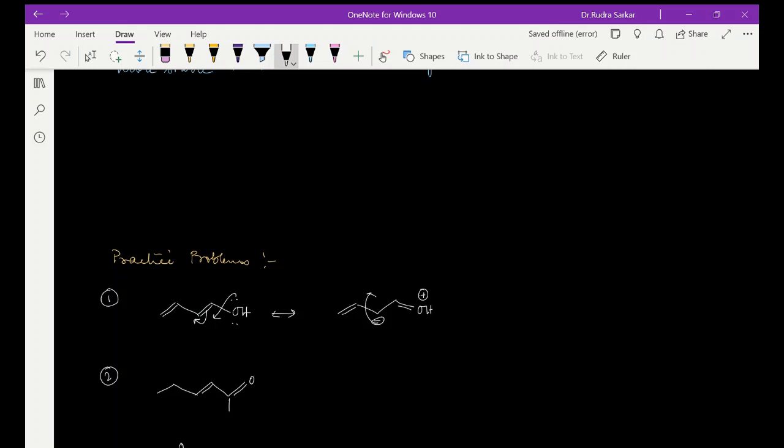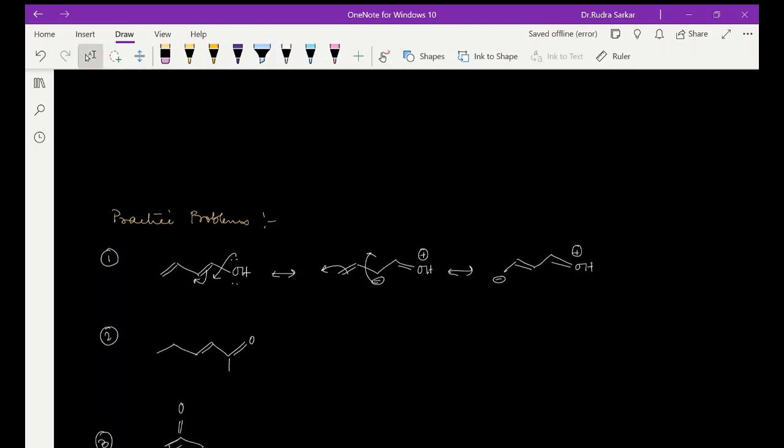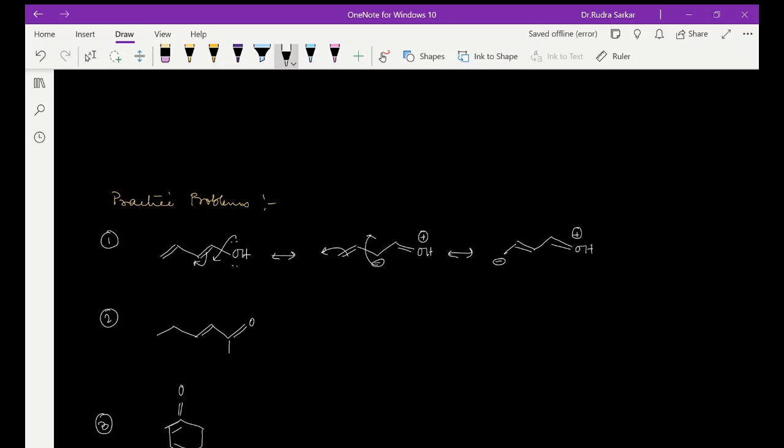The negative charge moves towards the pi bond, and so for the first one, the structures that we get are as shown. Out here, because of the minus M effect, the keto group will be pulling the electron density towards itself, and hence the resonating structures that we will get is as follows.